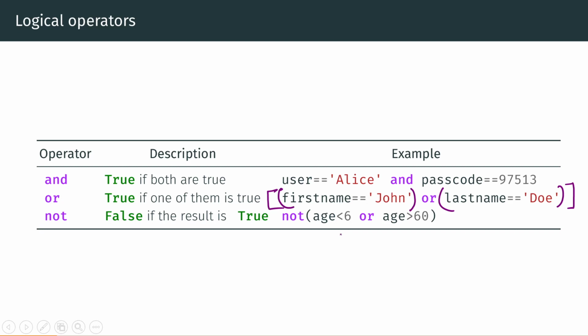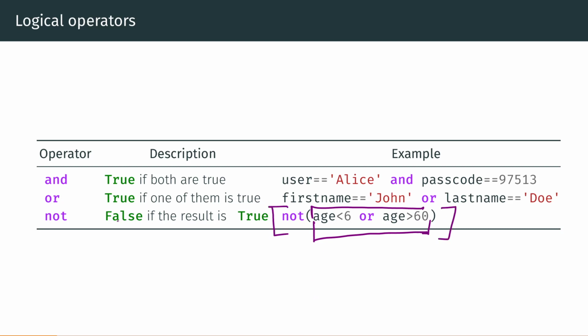Finally, you have the not operator, which reverses the result. For example, in this case, if age is less than 6 or if age is greater than 60, and this expression evaluates to true, the not of that expression will evaluate to false.